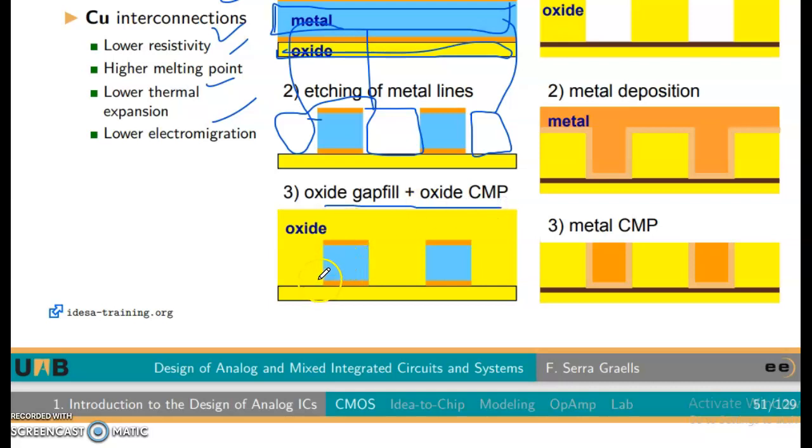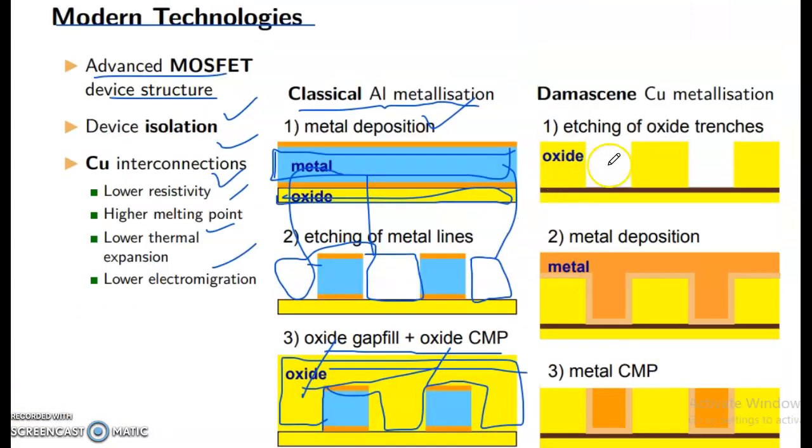Oxide gap fill here, here, here, here, here, here. Oxide gap fill, oxide CMP. Both the same. This is the classical Al metallization.